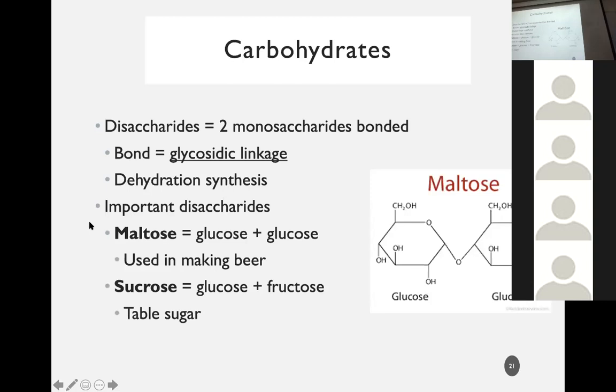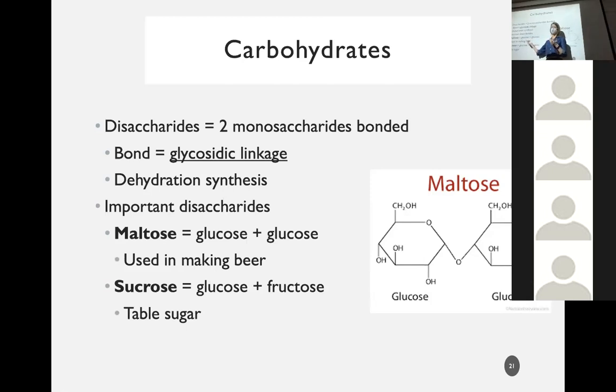So a couple of important disaccharides, maltose and sucrose. So you see a lot of the oses on the end, glucose, galactose, it's all ose, right, with the carbohydrates. That ose just means sweet or sugar. So all of these sort of have a sweet flavor to them. Maltose is when you have two glucoses stuck together.